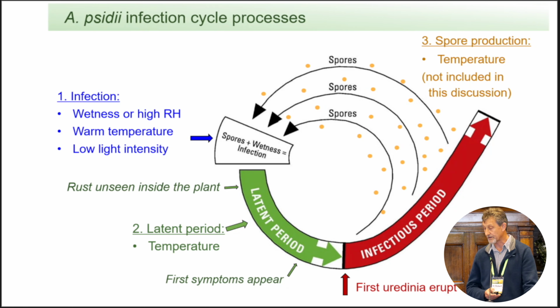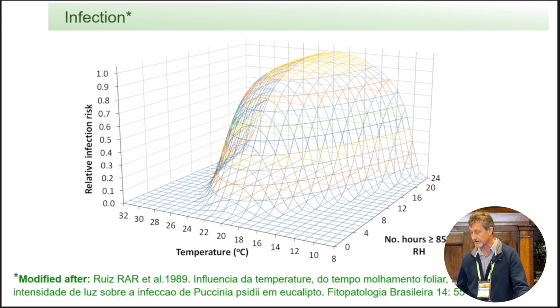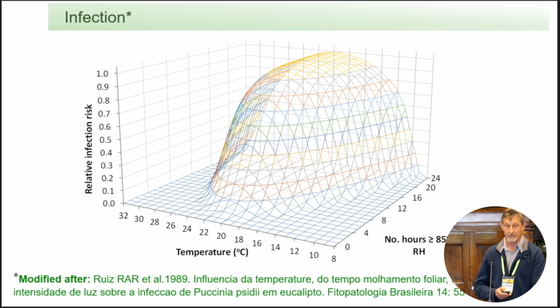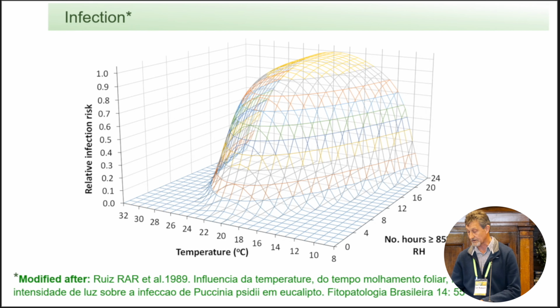So the spore production part of it, for rusts, is heavily driven by temperature. I'm not actually going to go into the spore production part of the model in this talk just because of time constraints, really. So I'll start off focusing on the infection risk model, which is a response surface that was modified and developed from a Brazilian paper in 1989 by Ruiz et al.